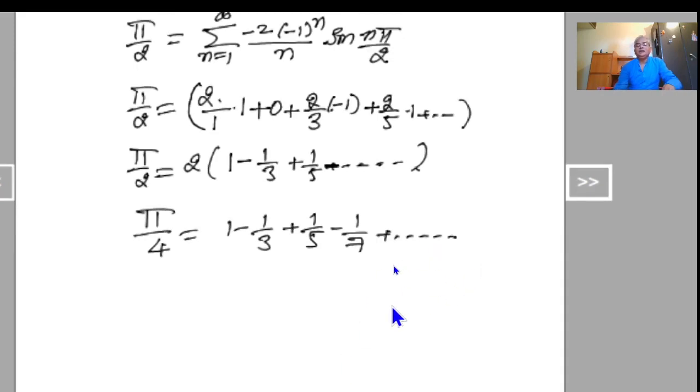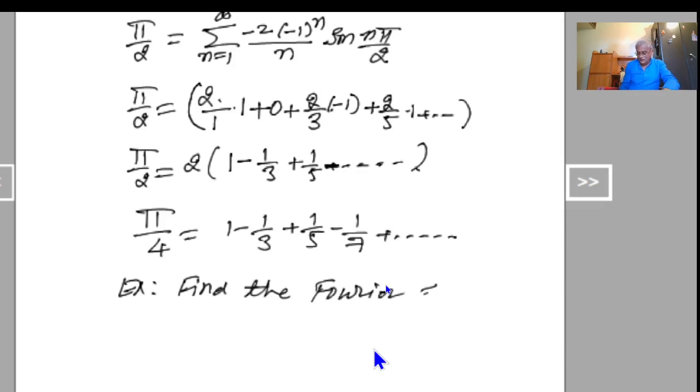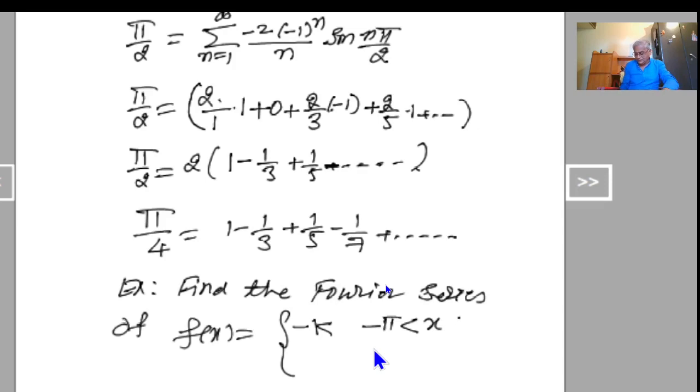Next example, find or obtain the Fourier series of f of x equal to minus k if minus pi less than x less than 0, and equal to k if 0 less than x less than pi.